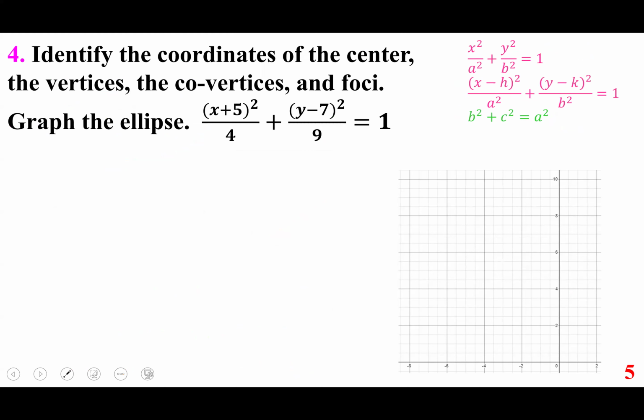Again, reminding you of the formulas given to you. Identify the coordinates of the center, the vertices, the co-vertices, and foci, and graph the ellipse. So clearly, we're going to compare it to the standard form.